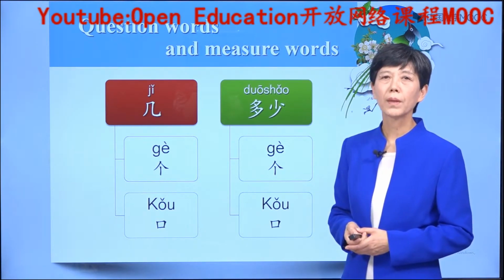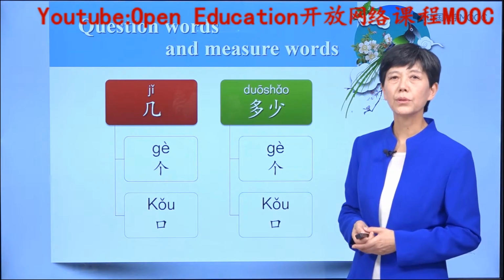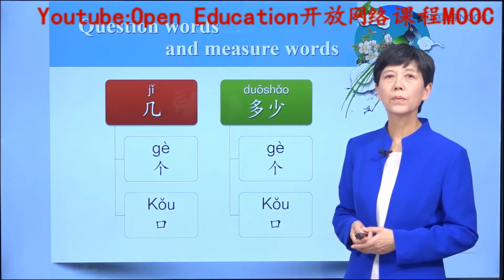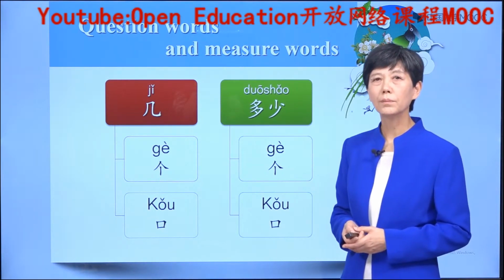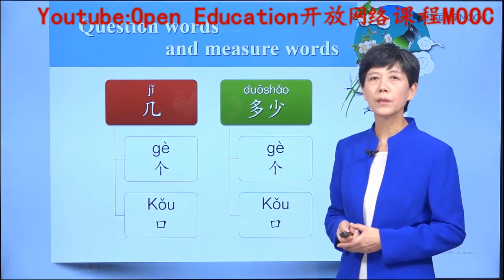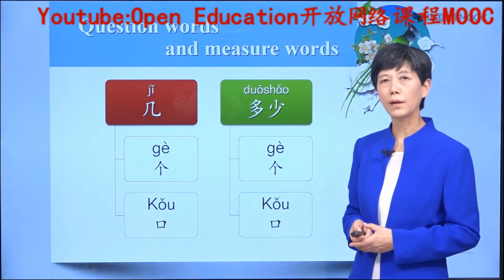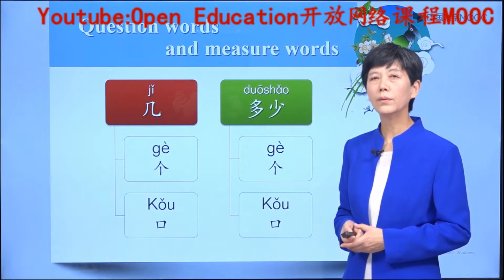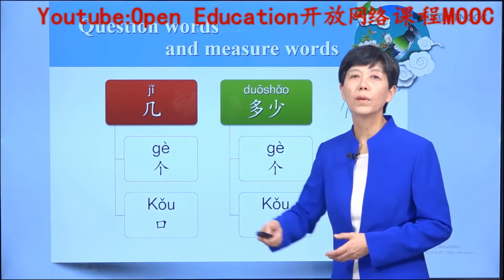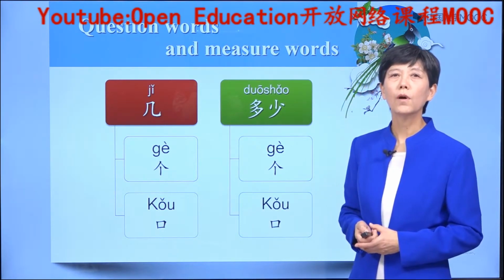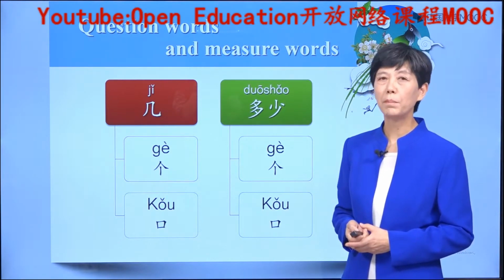By the way, I would like to introduce you to two measure words. One is 个. Chinese people use it very often in daily life. The other one is 口. Chinese people use it for asking the number of family members.